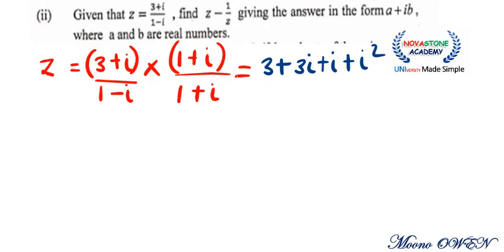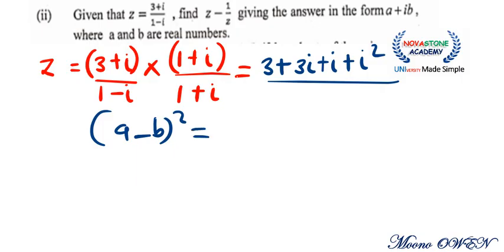Basically that is what I have on top, divided by the denominator, where these two are also multiplying. However, this is a difference of two squares. If I've got a minus b times a plus b, this is the same as a squared minus b squared.